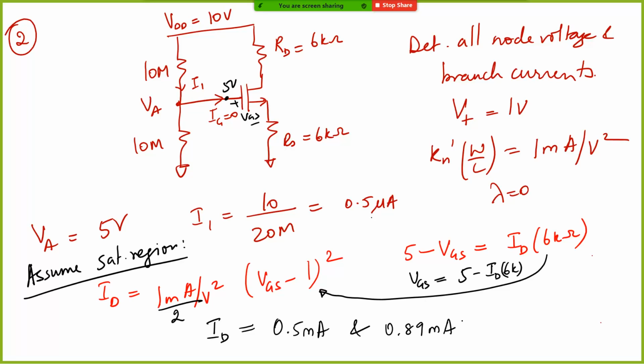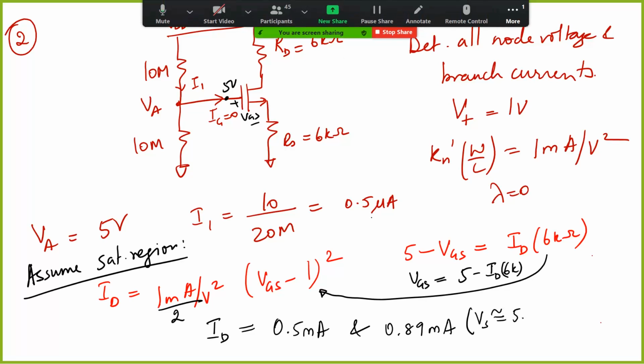So if you substitute 0.89 milliampere, okay, let's just do a sanity check. So if you take 0.89 milliampere, what is Vs? Vs is 0.89 into 6. How much are you getting? 5.3 something, right?